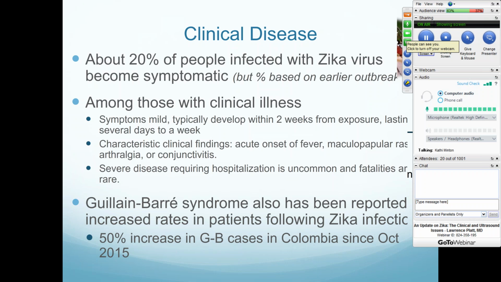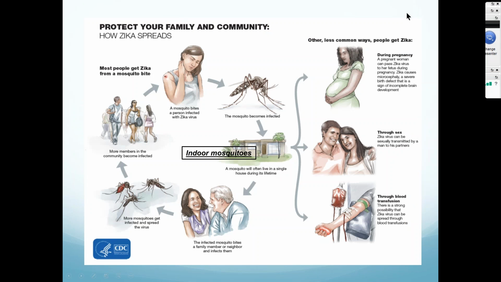Typically, the symptoms, which are mild in the beginning, develop within 2 weeks of the exposure, and last several days to a week, which becomes very important to what we're doing.